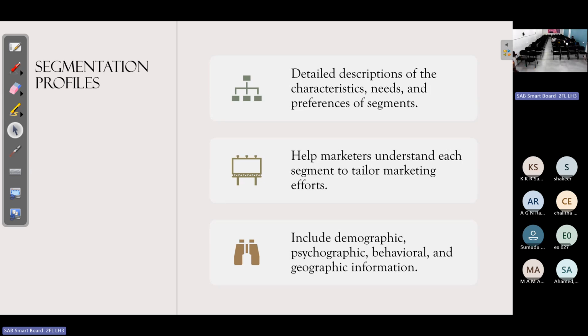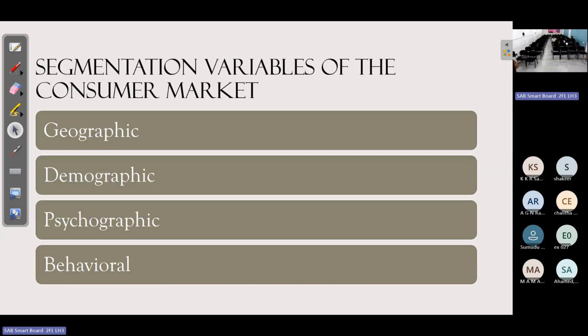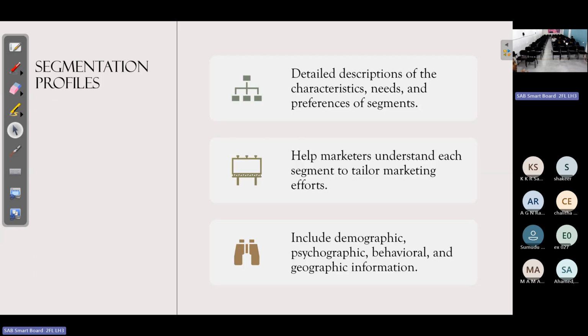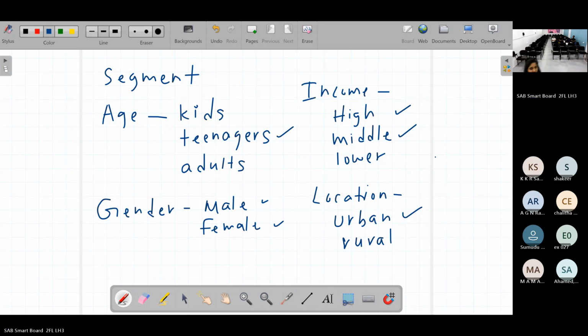Right. Then the next part we have included is segmentation profiles. That means once we divide segments based on any of these characteristics, we are going to create a profile about each segment. Profile in the sense it's like a detailed description about each segment. So we are going to include what the characteristics, needs, and preferences of each segment are. Right? Now here, for example, this is one example I have given you.